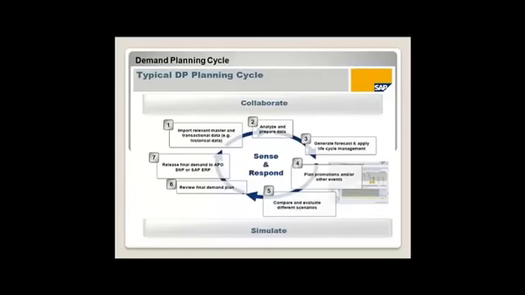So basically, the demand planning is a monthly cycle. Every company uses the forecast as a monthly cycle. It means every month we are going to take the past 36 months of history data and generate a forecast for the next 24 months or 18 months or 36 months, depending upon the company.